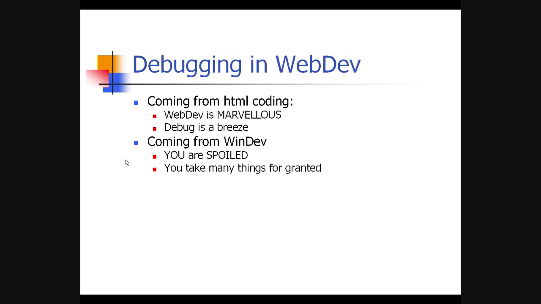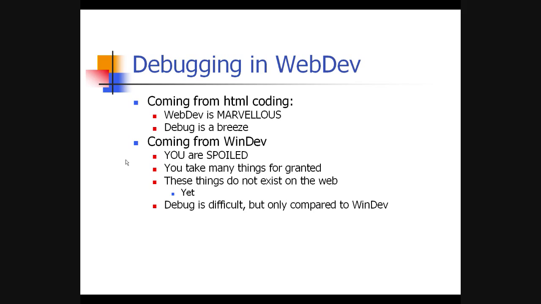You are used to many things, you are taking them for granted, and they are just not available. These things do not exist on the web, at least yet. So you are spoiled. You will have to deal with something that is, well, less powerful, more difficult. It's on the web. Deal with it. So debugging in that case is difficult, but only when you compare it to WinDev. When you compare it with everything else that's out there, it's basically very easy.